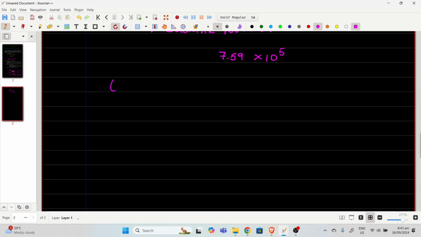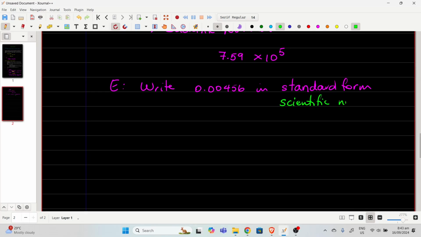Let's do another example. Let's say I have to write 0.00456 in scientific notation. Another way you can ask is standard form. Scientific notation or standard form, same thing. Both of them mean the exact same thing.